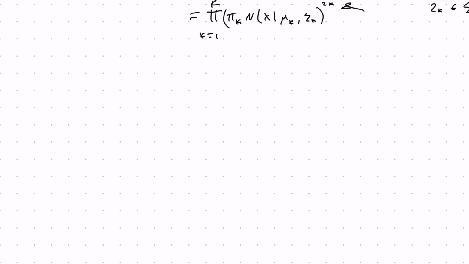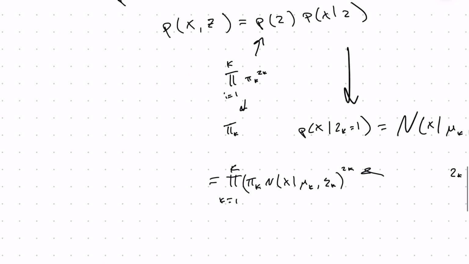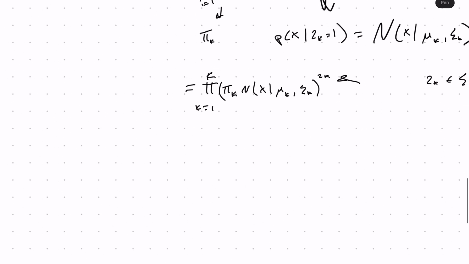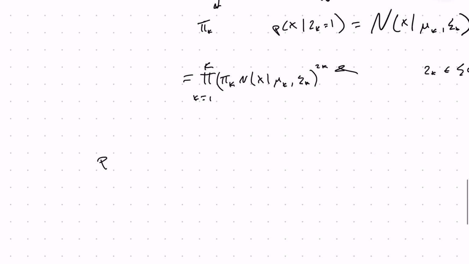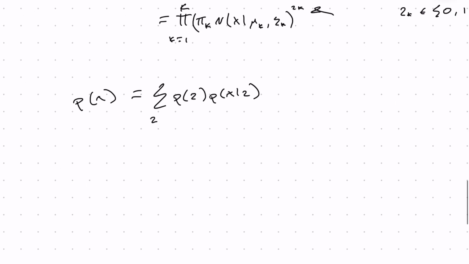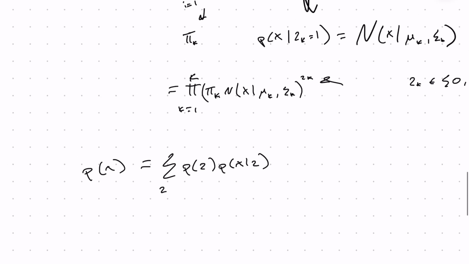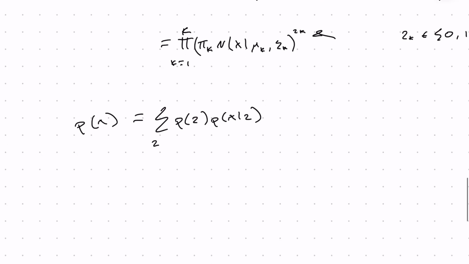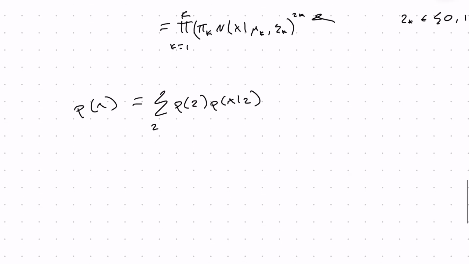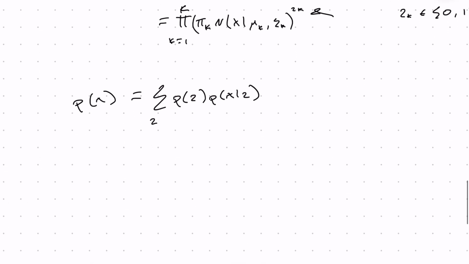And now we want to get rid of the z in the joint distribution by marginalizing. So p(x) equals the sum over z, we're just marginalizing this. We want to get rid of the z. And we know that only one zk can be 1.